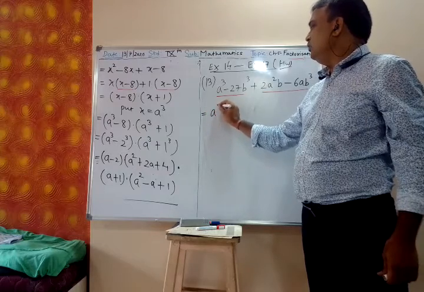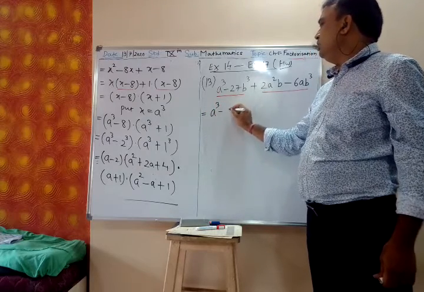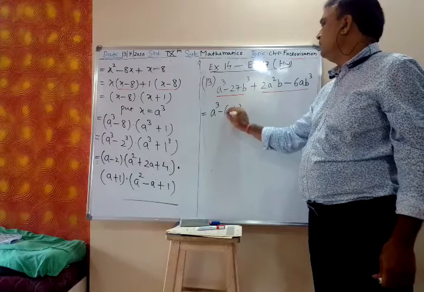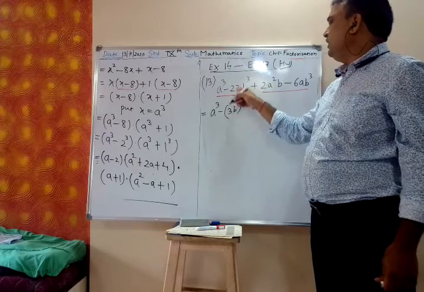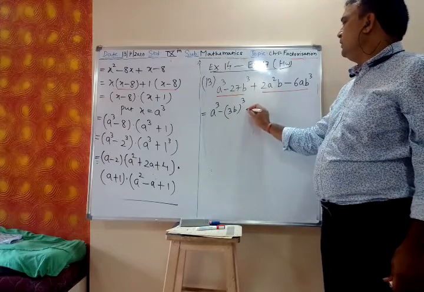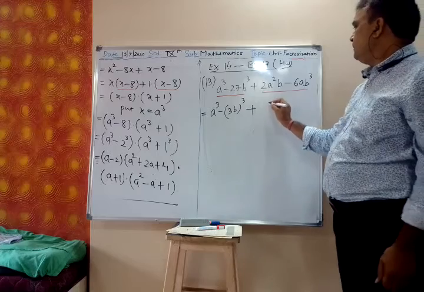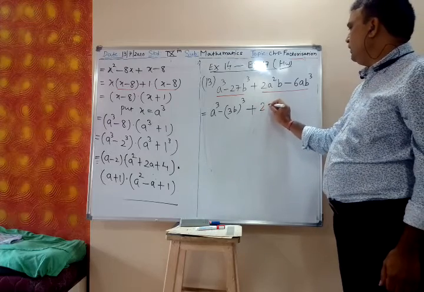a cube minus 27 b cube, I can write 3b whole cube. 27 I can write 3 cube b cube. Plus in these two, 2ab is common.